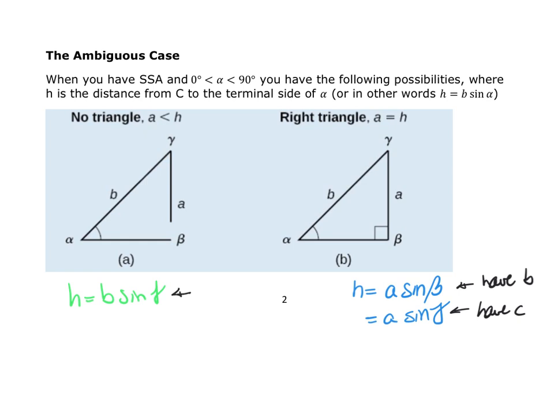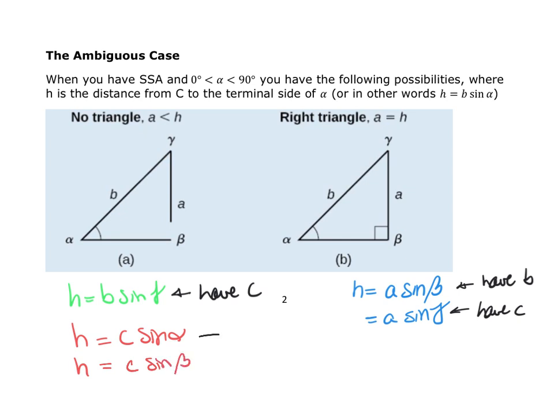In this case, not only do you have B, but you would have to have C. And then, of course, we have the last couple of cases where H is equal to C, the sine of alpha, or H is equal to C, the sine of beta.